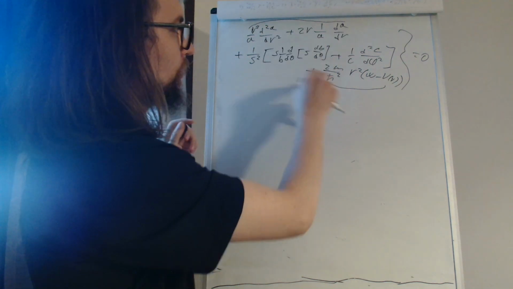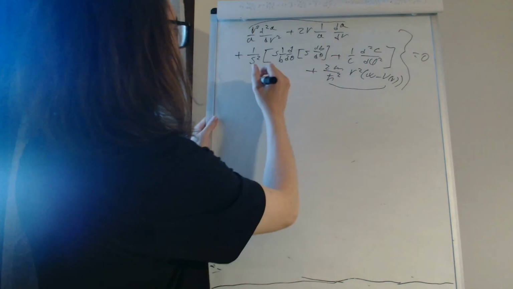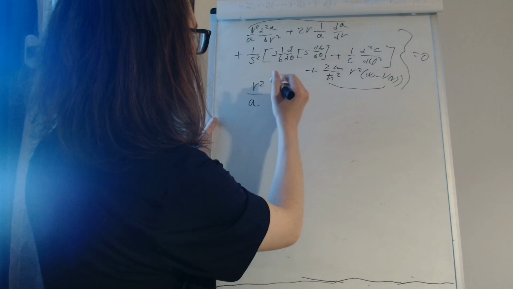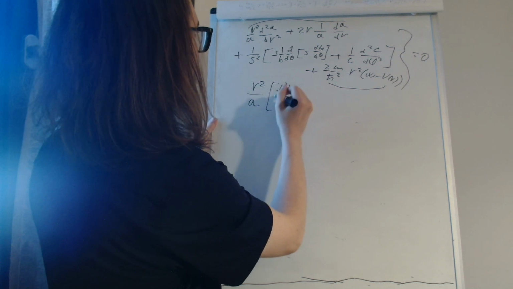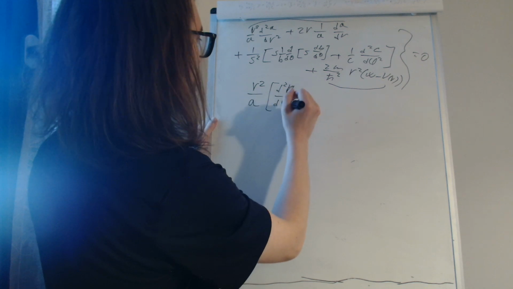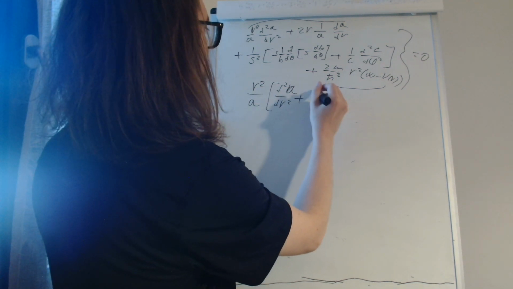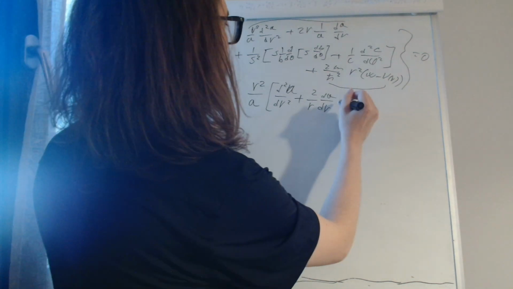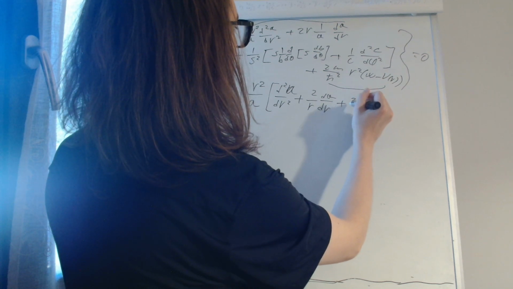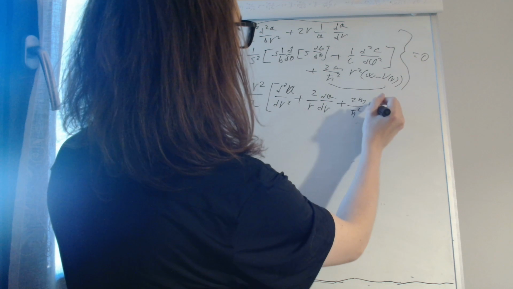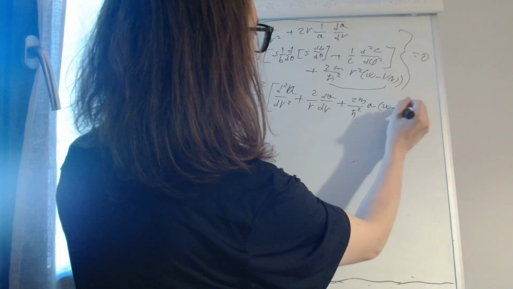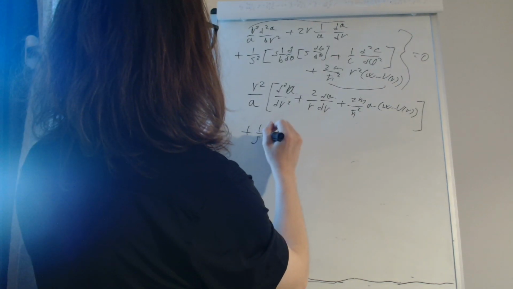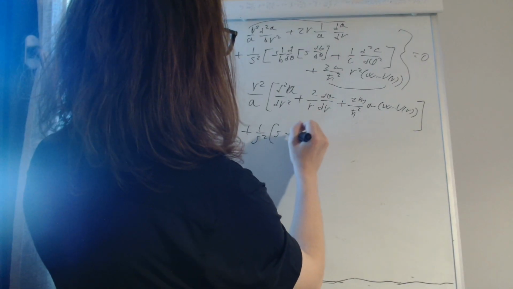So now I'm going to put together these two terms, r squared, I put outside r squared divided by a, so I get d squared a on dr squared, plus 2 over r dA on dr, plus 2m divided by h bar squared a times w minus u of r, and then I leave this term as it is.